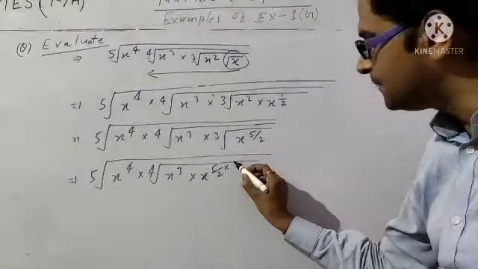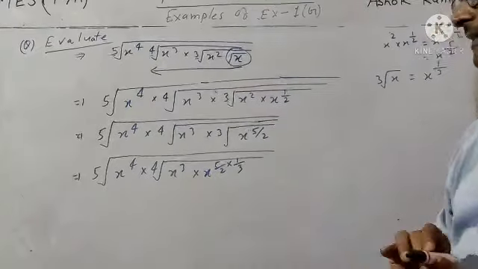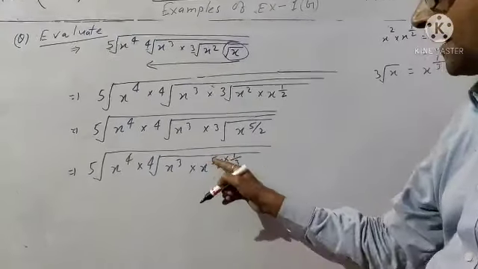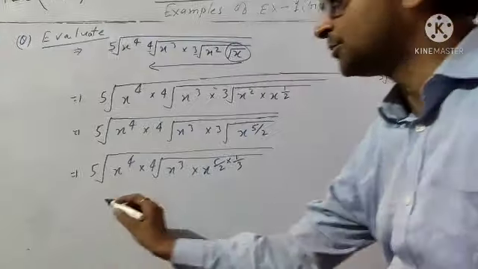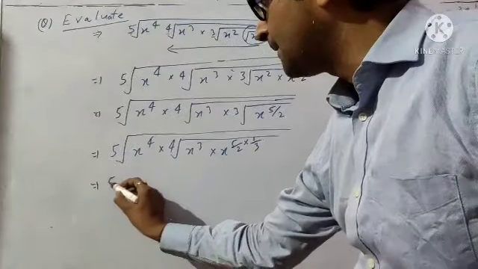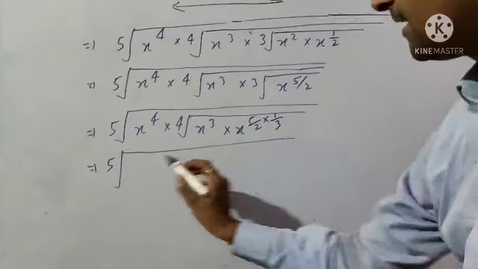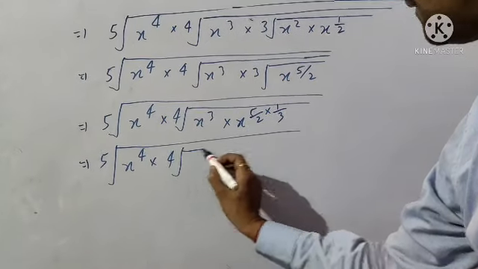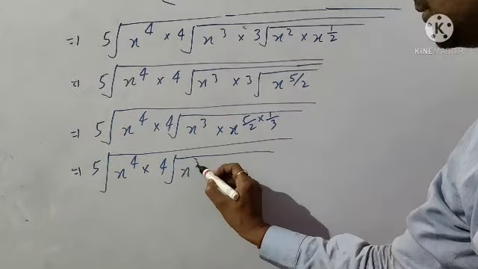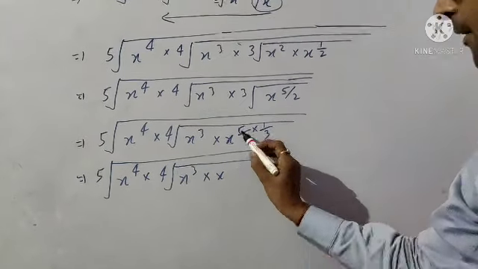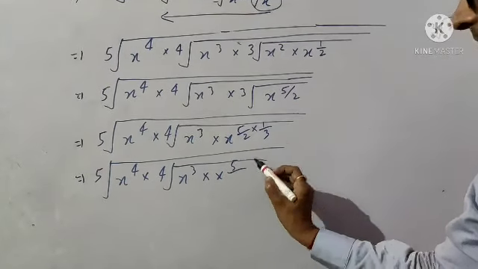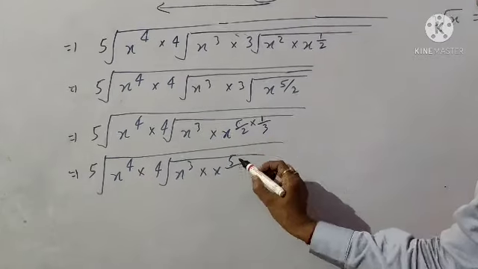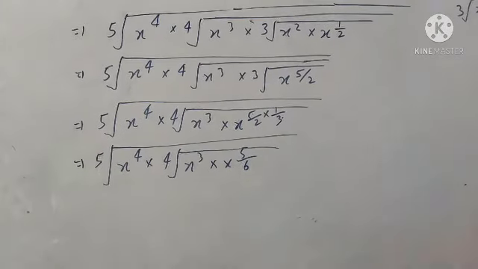So 1 by 3 will be multiplied here like this. So x to the power 5 by 2 into 1 by 3. So fifth root of x to the power 4 into fourth root of x to the power cube into x to the power, here is 5 by 2 into 1 by 3, equal to 5 by 6.